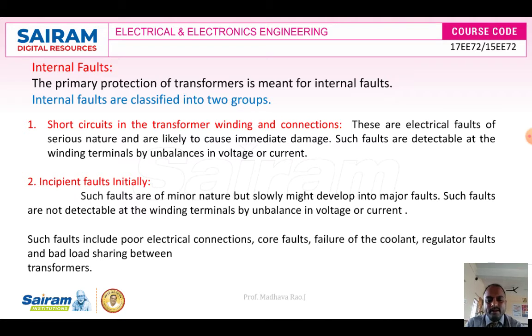To avoid this, we have to monitor the voltage and current all the time, check for voltage imbalance, and provide proper cooling and proper load sharing. Then we can avoid internal faults in the transformer.